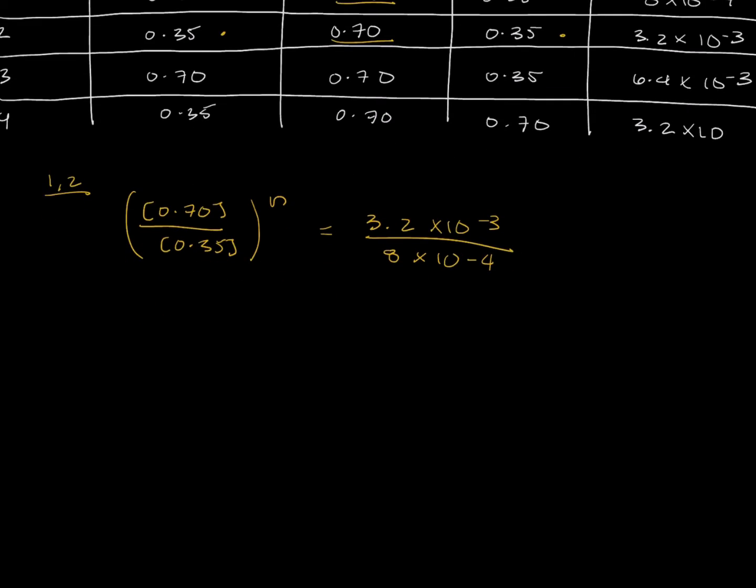So we can see easily that 0.7 divided by 0.35 is going to be 2. So we get 2 to the n equals this value here. And if we plug it into our calculator, we get 4. So n is going to be equal to 2. That means according to B, it's a second order reaction.